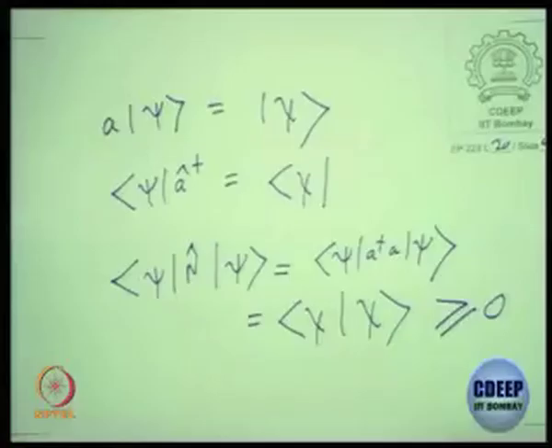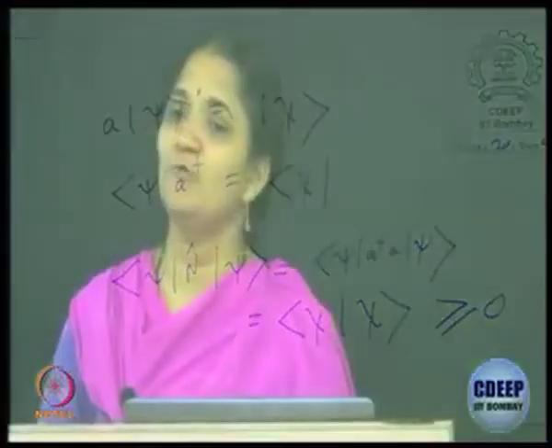Suppose psi was an eigenstate of the number operator. Number operator is Hermitian. Eigenvalues have to be real. On top of it, it has to be positive. Positive or at most 0, not negative.